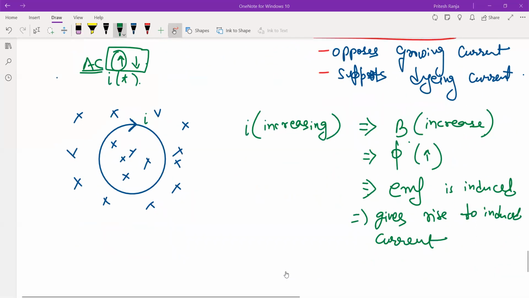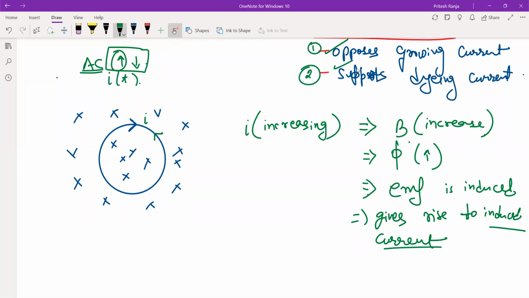So this induced current, we will use the Lenz law, and this induced current will decrease the growing current, right? That's what we learned. It opposes growing current. So what will be the direction of the induced current? We are sure here. The direction is here. So these 2 points should be remembered.